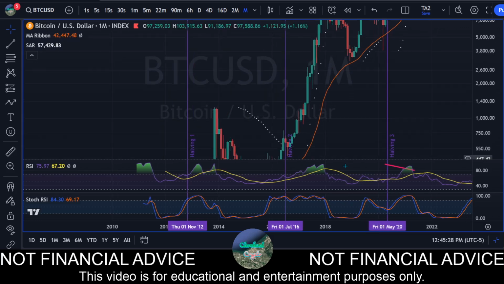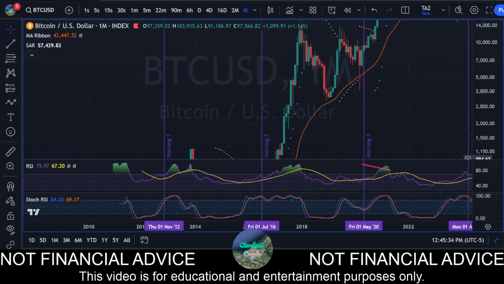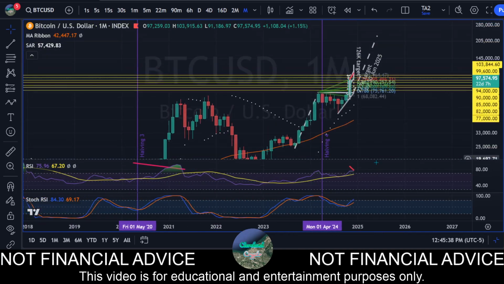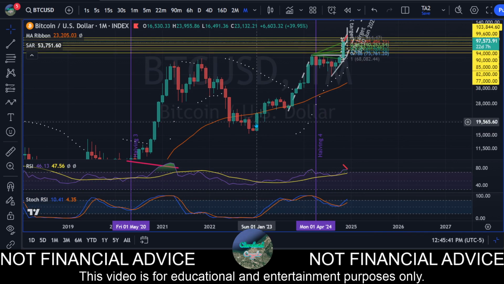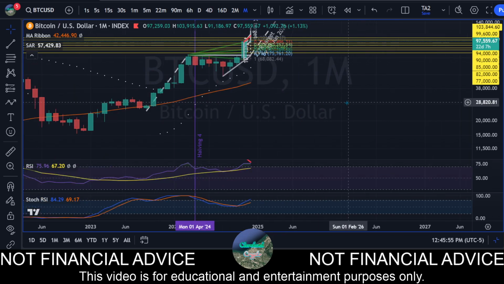But as we can see, the pattern is generally multiple green Decembers in a bull, multiple red Decembers in a bear. So in this bull cycle, what have we seen so far? Well, we've seen one green December, and here we are at our second, which should be green.